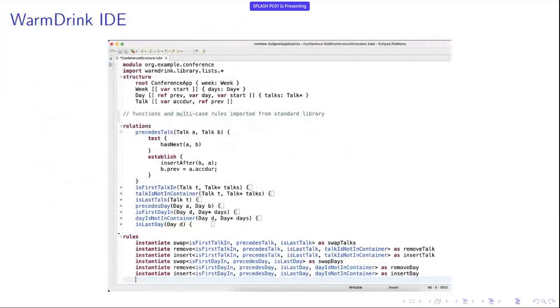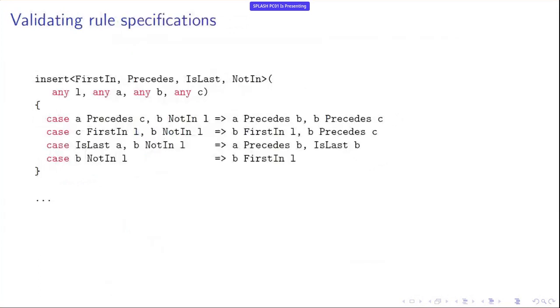One of the features of the IDE is that it will validate parameterized rules. For this parameterized rule for inserting a talk B or element B in between A and C, we cannot really know whether these relations are correctly used, because we do not know the types and arities of these relations.